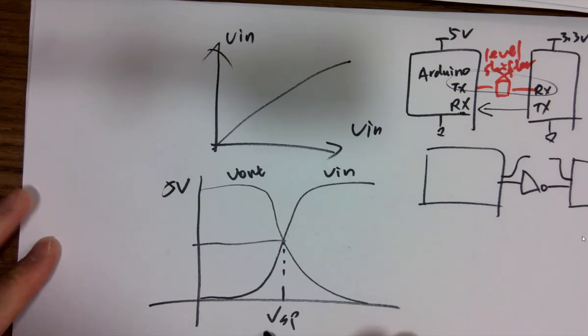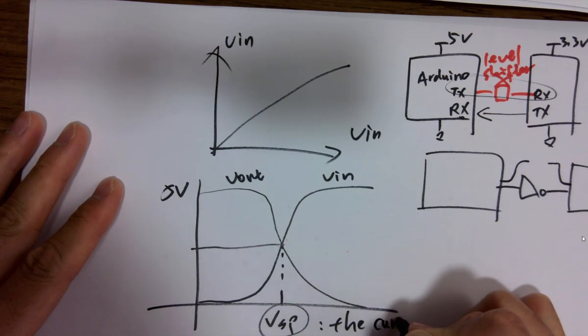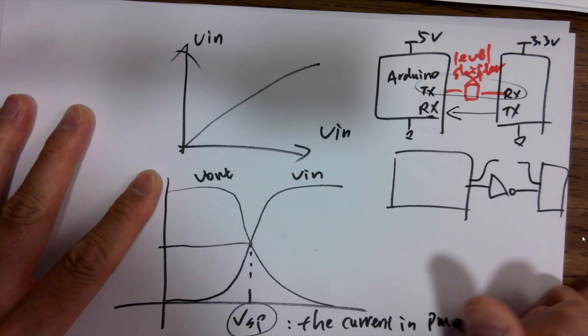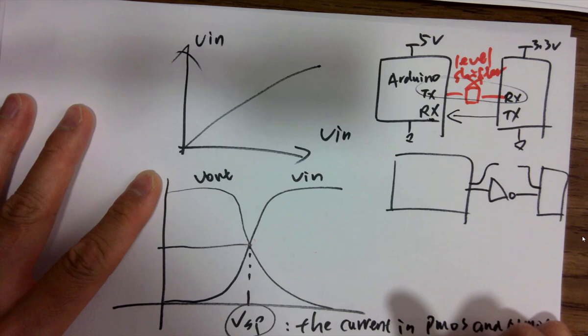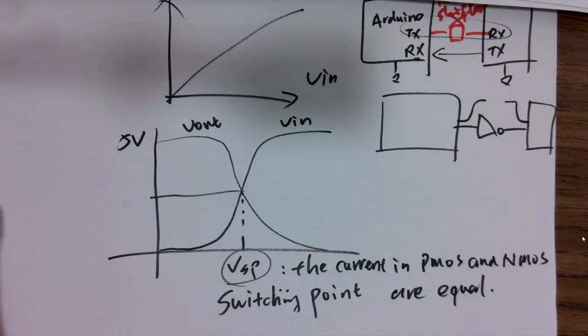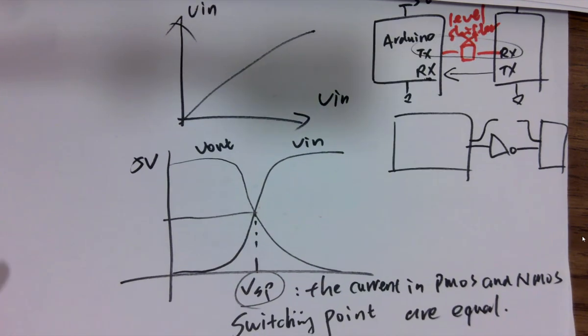The switching point is defined as where the currents in the PMOS and NMOS are equal. So we call it the switching point when the currents are equal. Then we can use the square law equation.